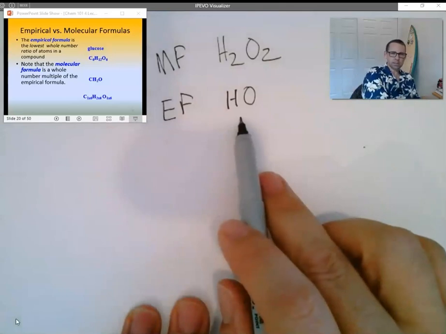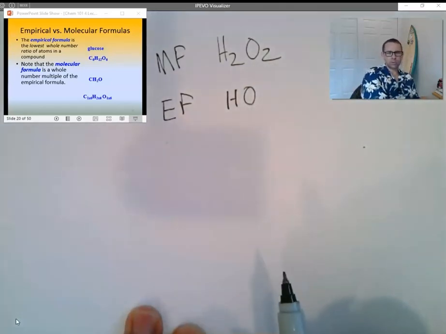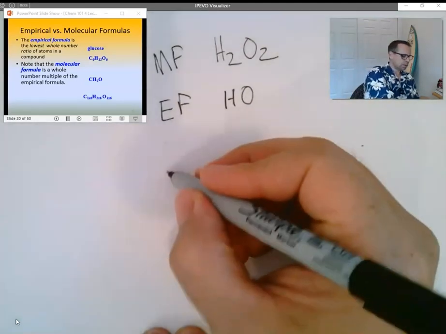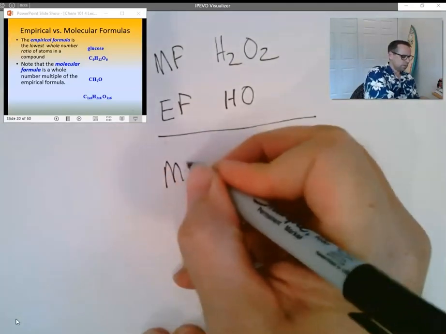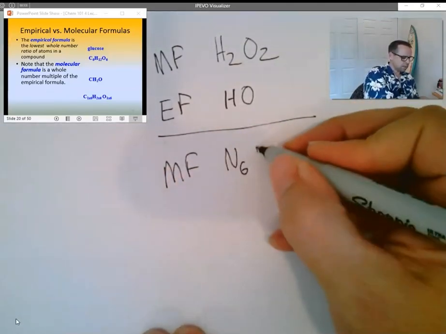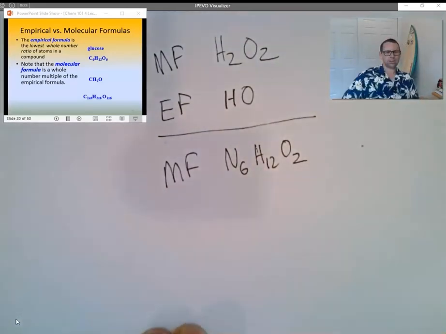Okay? So the empirical formula is 1 hydrogen and 1 oxygen, where the molecular formula is 2 hydrogens and 2 oxygens. Now, let's try another one here. Here is a molecular formula for a compound, N6H12O2.